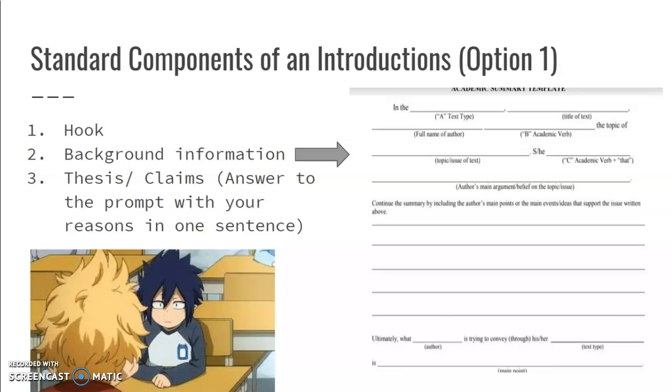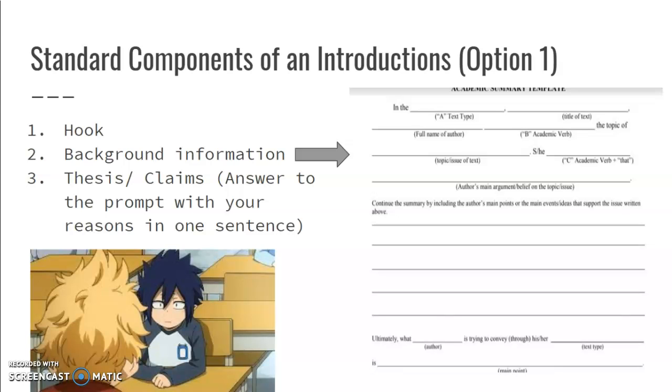You're going to tell me the type of text. You're going to tell me the name of the text. You're going to tell me the author or the speaker. And you're going to give me that academic verb, that precise action, the topic of what they are discussing. See, here's where your annotations come in, because I know you beautiful children have annotated. I know you did.